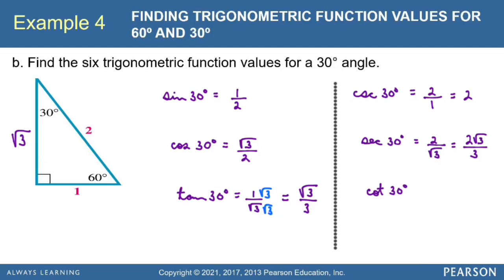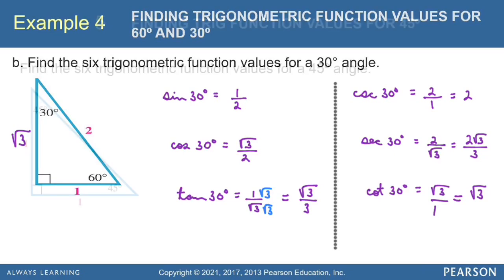Now, remember, if you take this rationalized number and you do the reciprocal of this, you'll have to do another rationalizing step. But if you take this unrationalized fraction, 1 over square root of 3, and do its reciprocal, you'll have square root of 3 over 1, and of course that's just square root of 3. So the cotangent of 30 degrees is square root of 3.